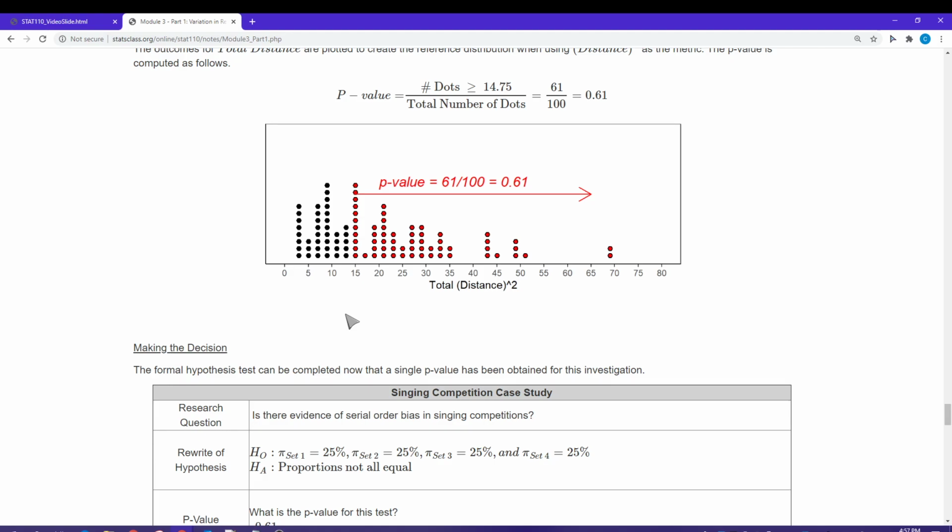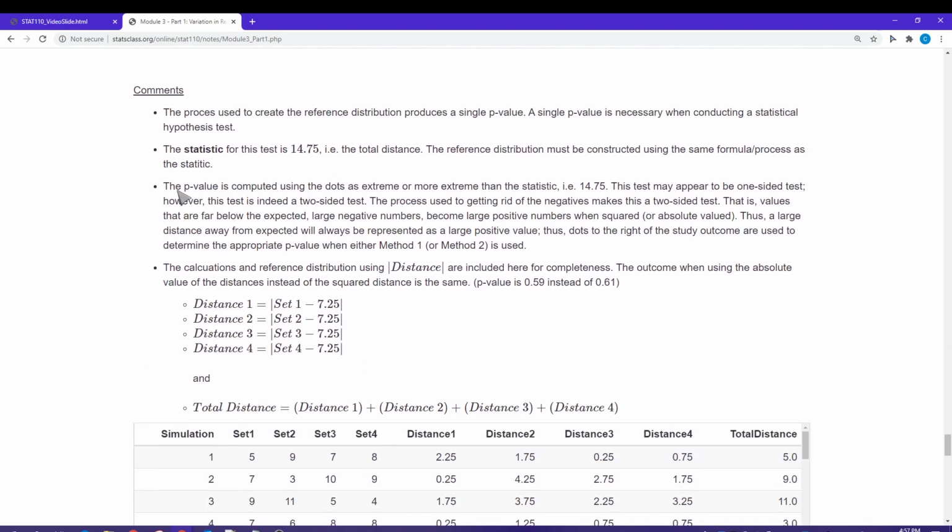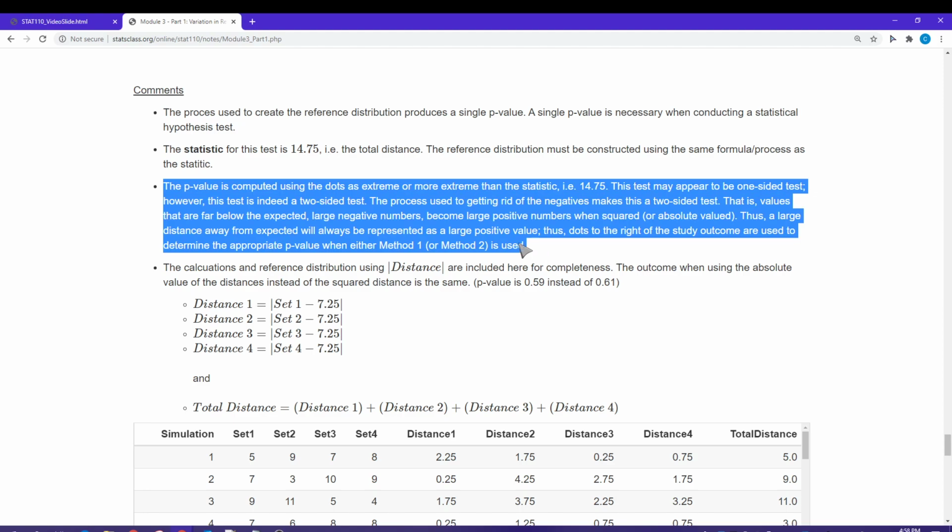Remember, the reference distribution is built under the situation of no performance order bias. So only values to the right would be evidence against no performance order bias. Or only values to the right are going to support the research question. That is a subtlety of this chi-square test that we're learning about here.